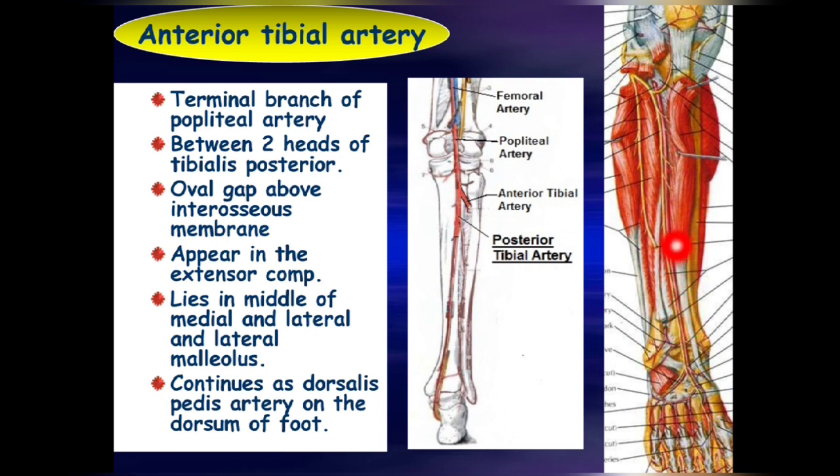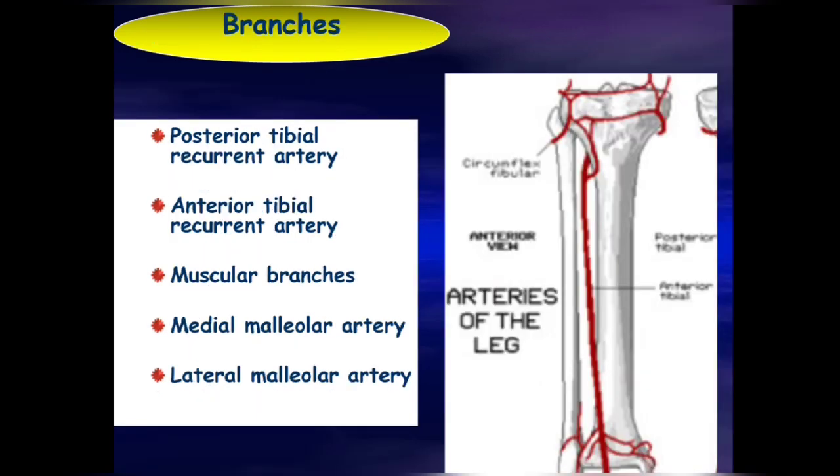So this is anterior tibial artery. Branches of anterior tibial are posterior tibial recurrent, anterior tibial recurrent, some muscular branches, and medial malleolar and lateral malleolar branches.